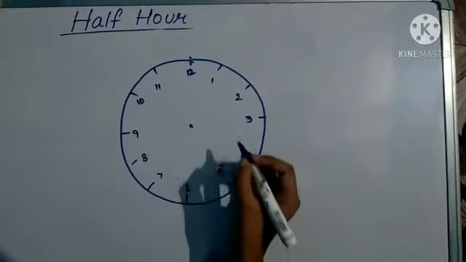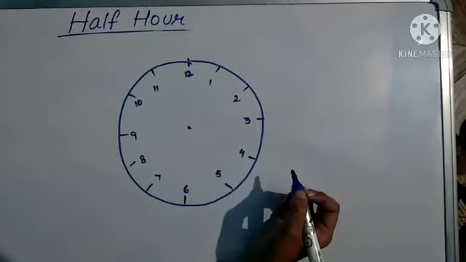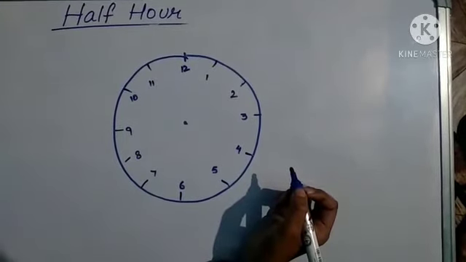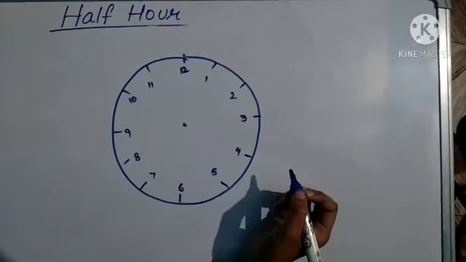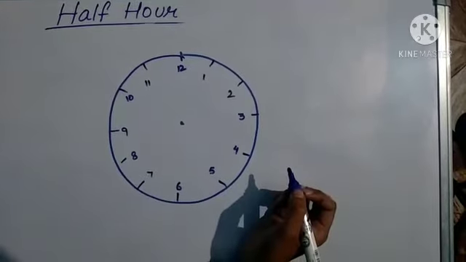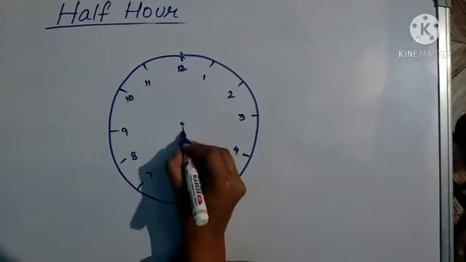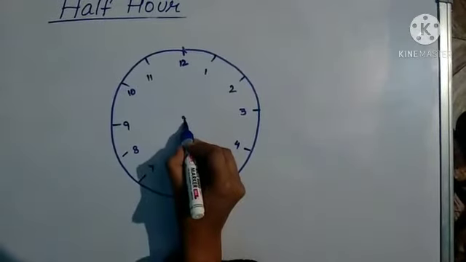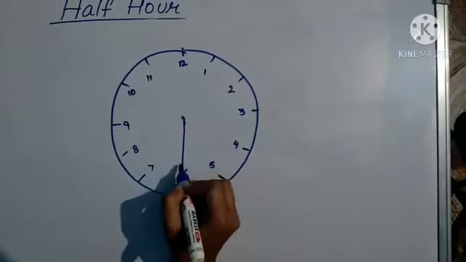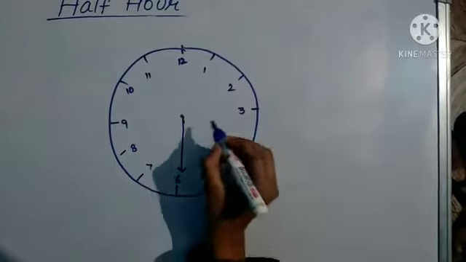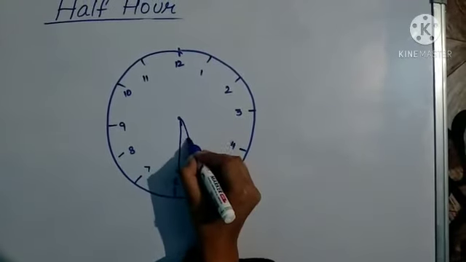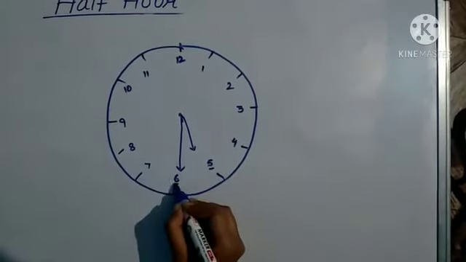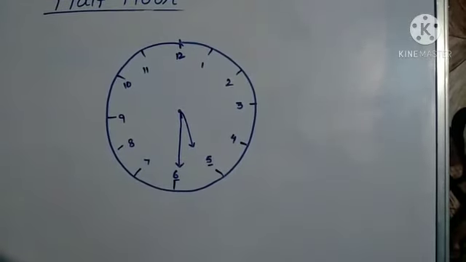So our minute hand will be pointing at which number? At 12? No. At 1? No. Yes, it will be pointing at 6. Again I am telling you this is the long hand, that is the minute hand, and now I will make our hour hand between 5 and 6.